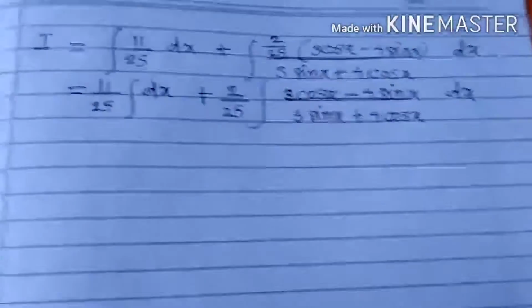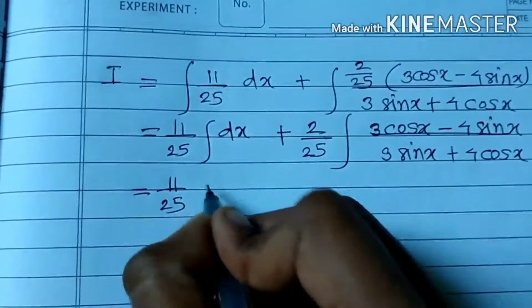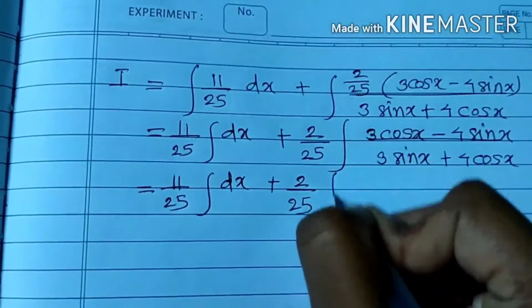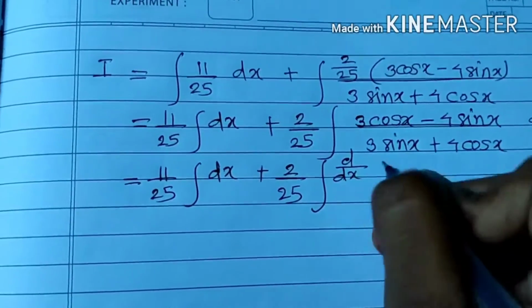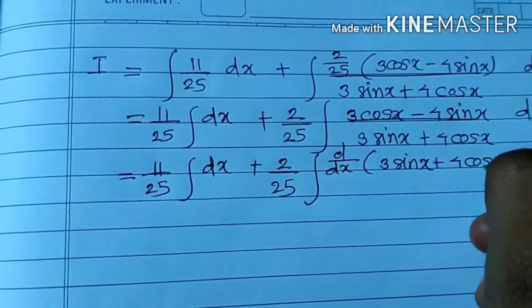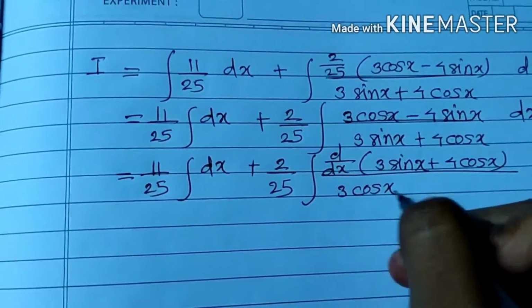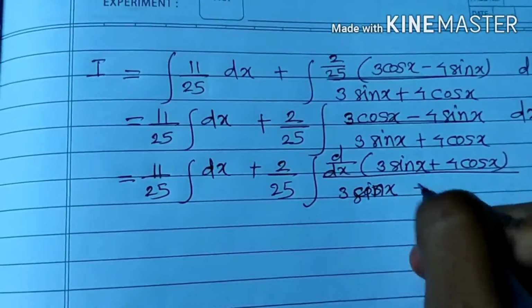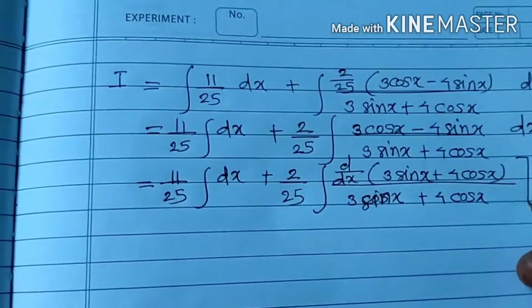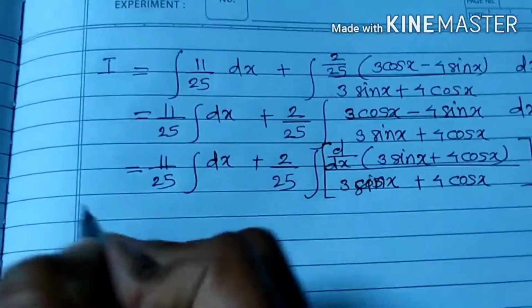So you can write here like that, 11 upon 25, and this is the formula.